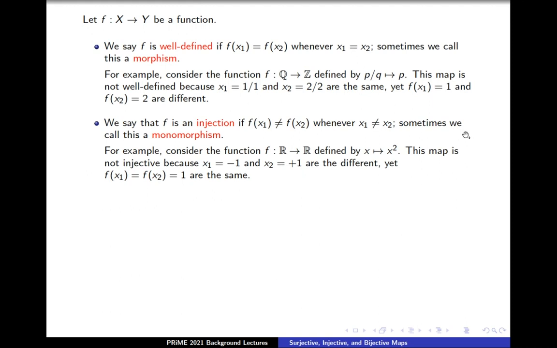This map is not injective because x sub 1 equals minus 1 and x sub 2 equals 1 are different inputs. Yet, if we apply the function f to x1 and to x2, both the squares are equal to 1. So the outputs are the same.